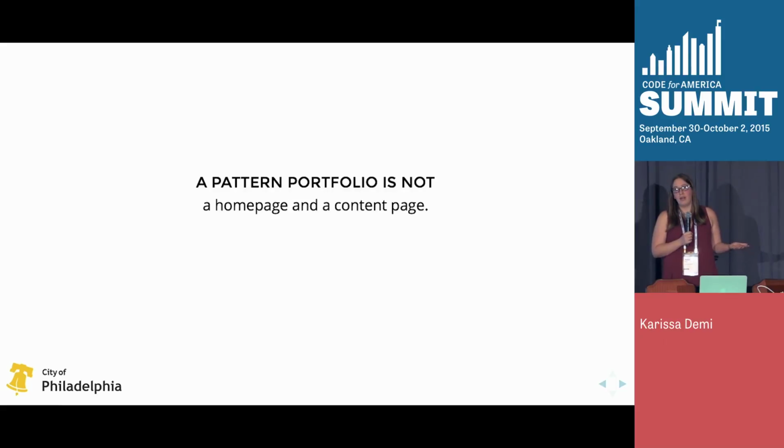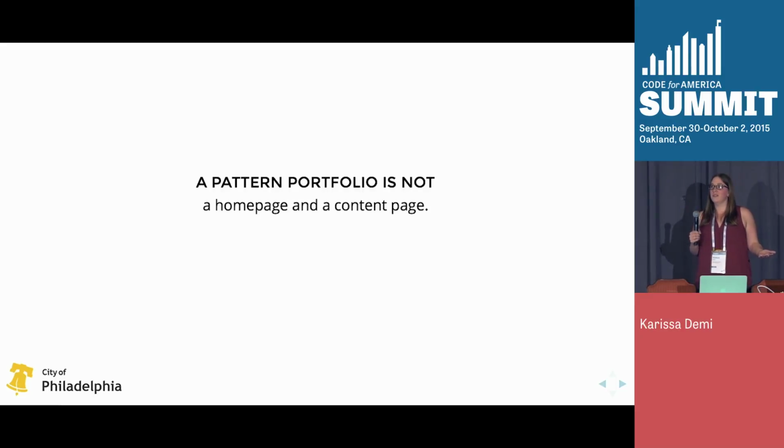I used to work for a major university in the city of Philadelphia, and we redesigned our website while I was employed there. And what we got after spending a lot of money was a home page and a content page. And unfortunately, that made it really difficult to apply those styles and that markup to other areas of the site.